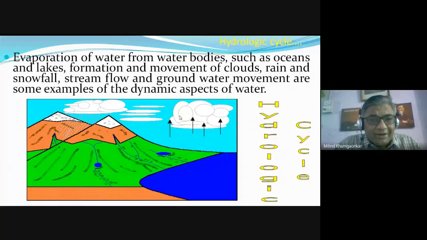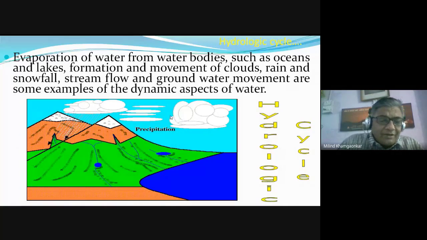And these water particles or ice crystals, being heavier than the air, due to the gravitational force, fall over the earth, maybe on the water body or maybe on the ground or the soil part. And this falling of the water particles from the clouds to the ground is called precipitation.